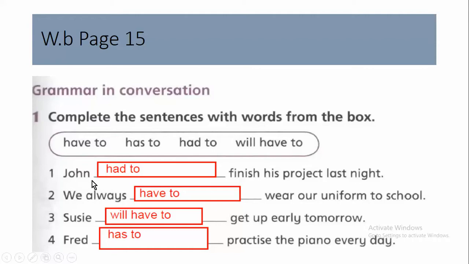Alright. John. John is a singular subject. So we will use anything for the singular. Okay. Finish his project last night. Here we have the keyword last night. As you see, last night is a simple past keyword.